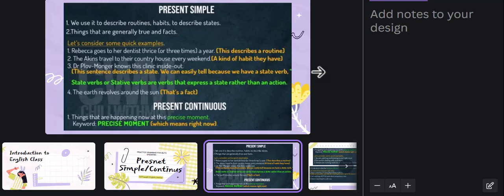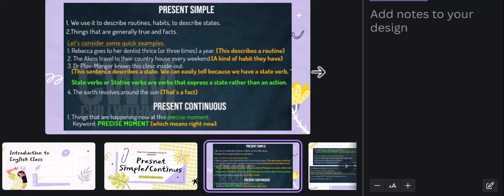And you need to know there is a most important rule here. It might seem very clear to you, or you already know this, it's easy, but sometimes we make mistakes related to the use of the present simple or the present continuous. So let me clarify something.